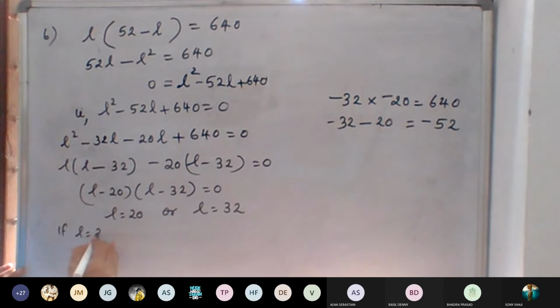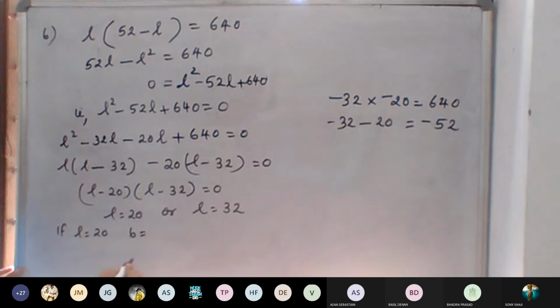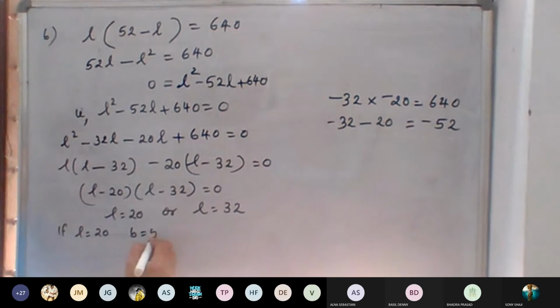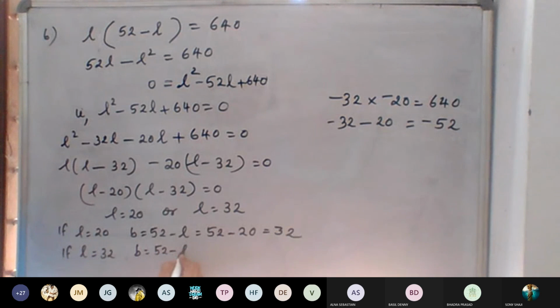Length and breadth we have to find out. If L is equal to 20, B is equal to 52 minus L, that is 52 minus 20, which is 32. If L is equal to 32, B is equal to 52 minus 32, which is 20.